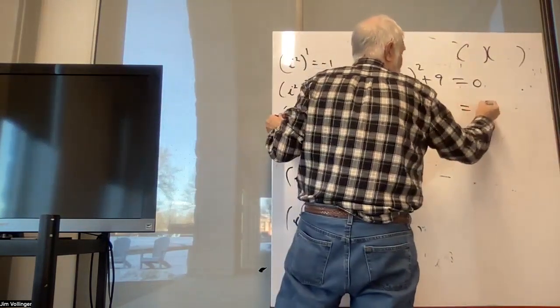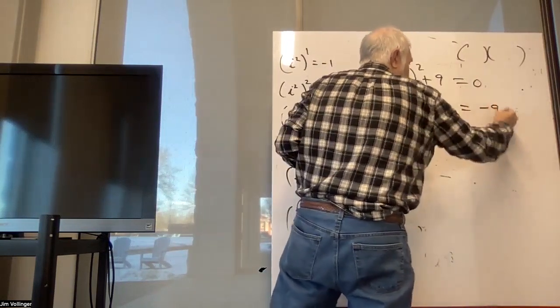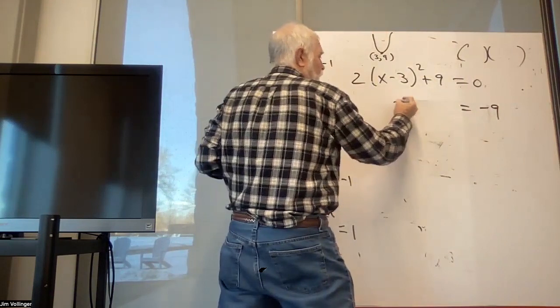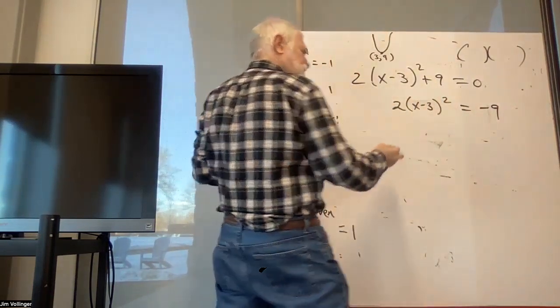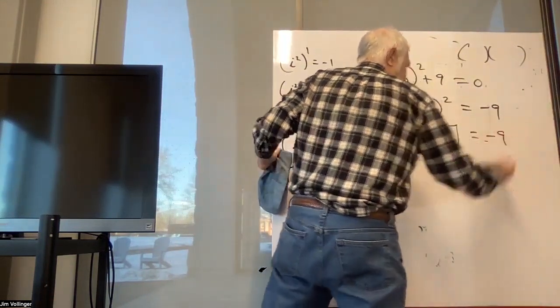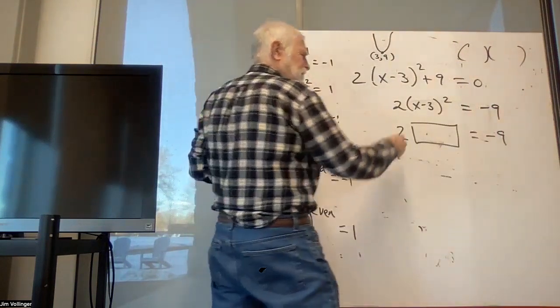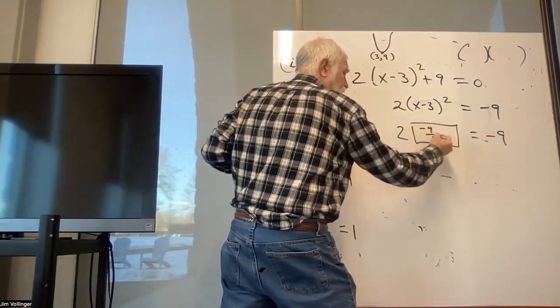I hope you say subtraction of 9. I didn't write subtraction of 9. I did now. And so therefore we are now here. And I hope you can see that 2 times something equals negative 9. Well, then that something in this box had better be negative 9 divided by 2.